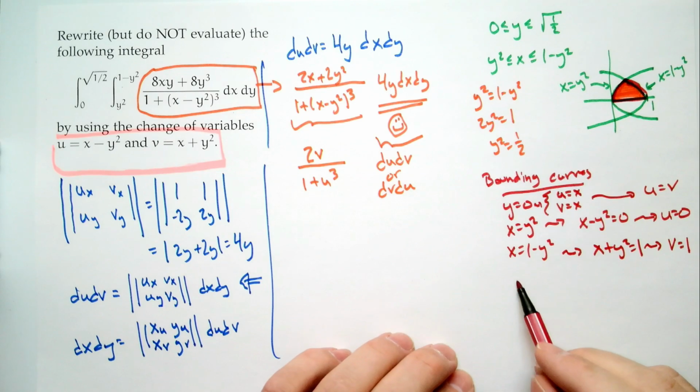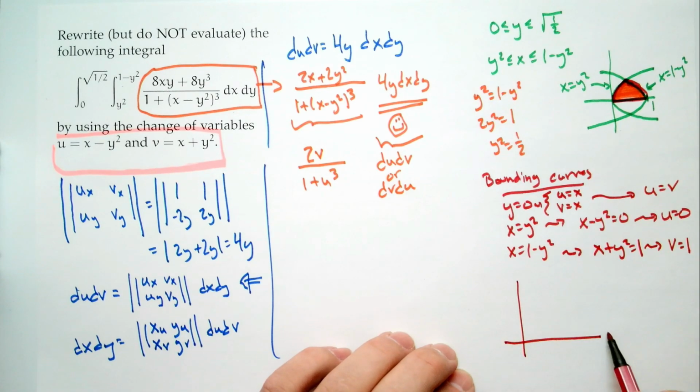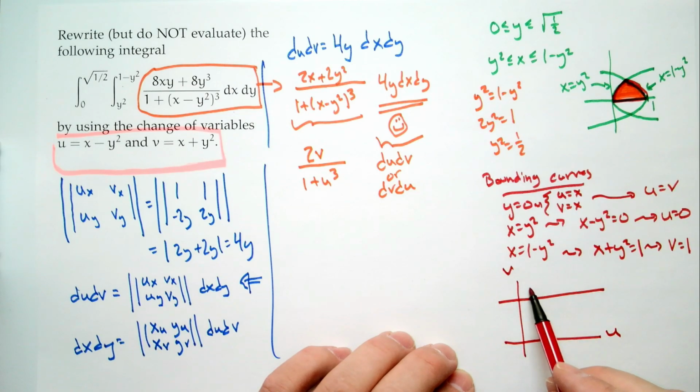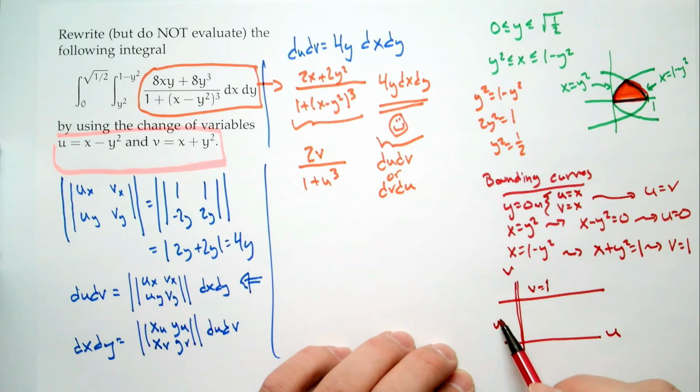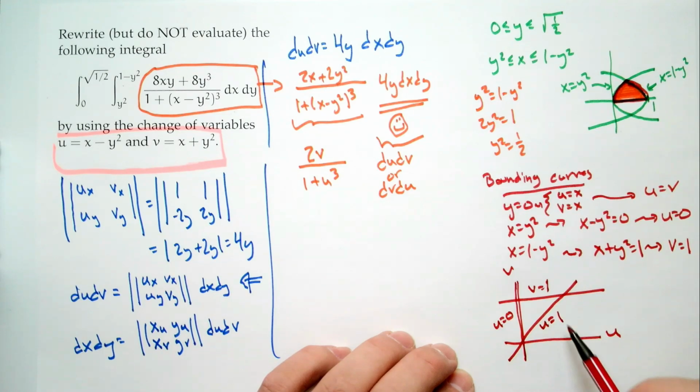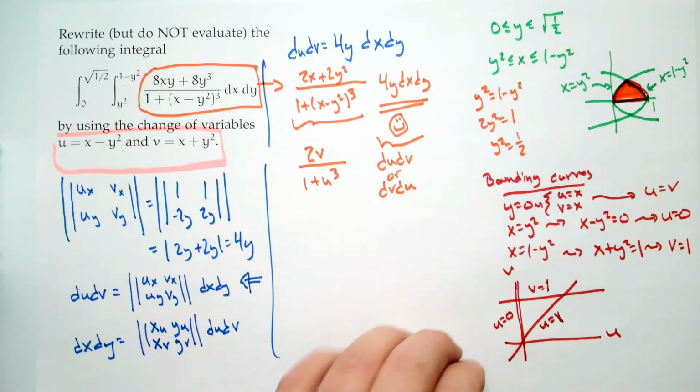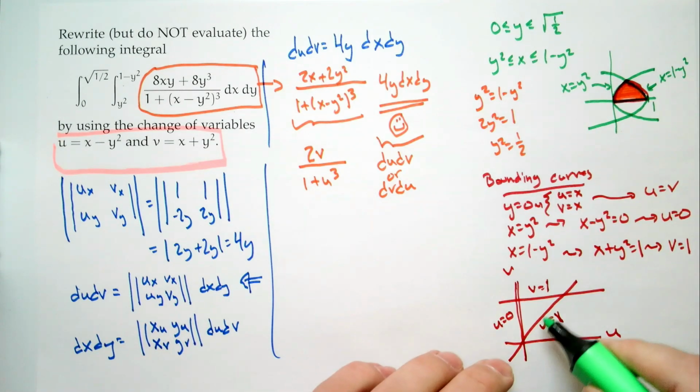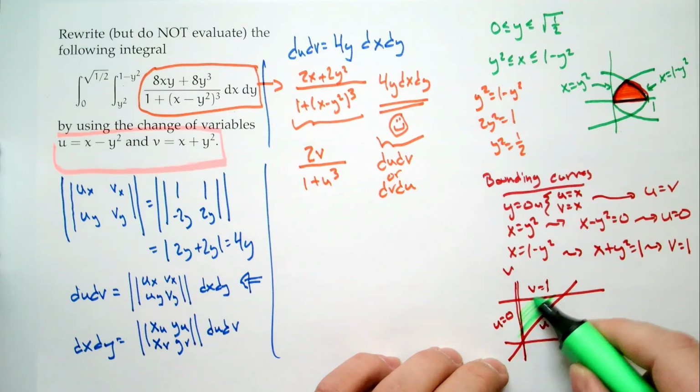So we sketch those 3 curves. If we say u, v equals 1, something like that. U equals 0 is over here. It's the v-axis. And u equals v is this line. What we're looking for is the region bounded by these 3 curves, and it's this triangle.